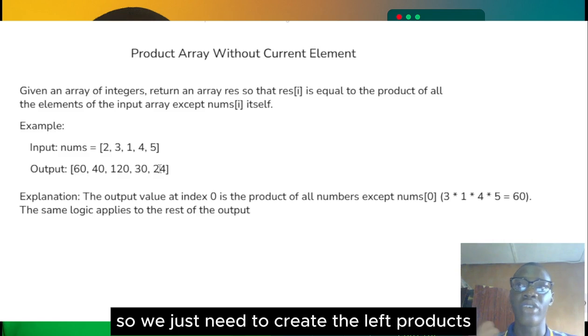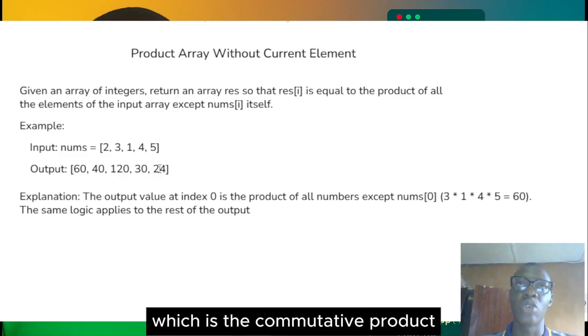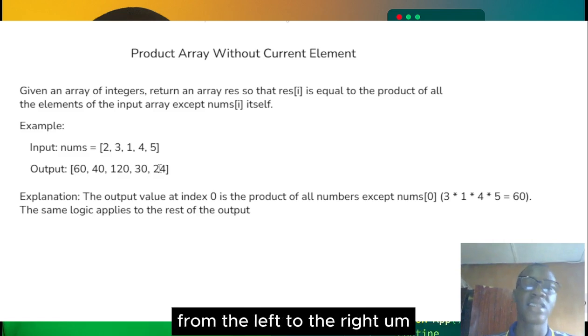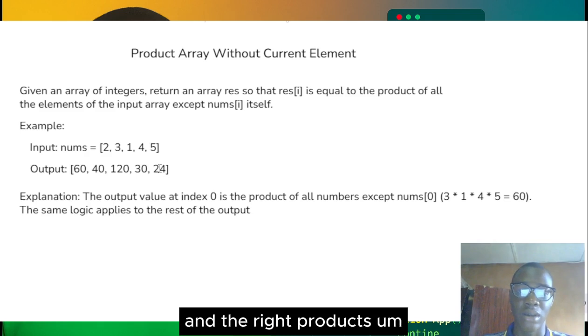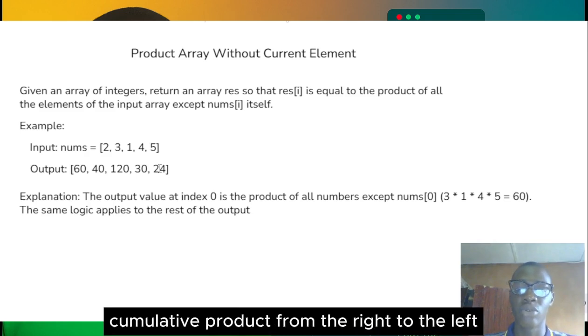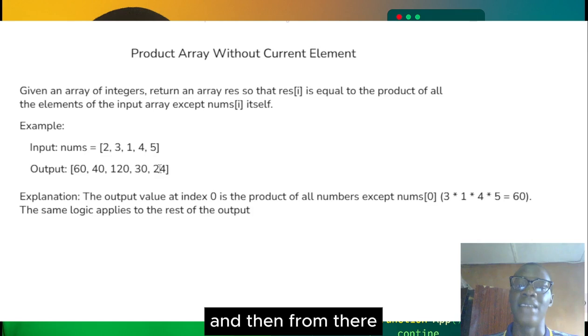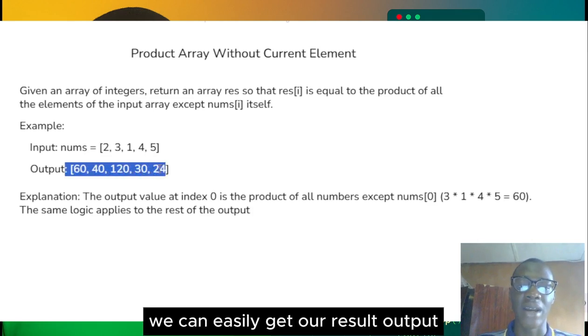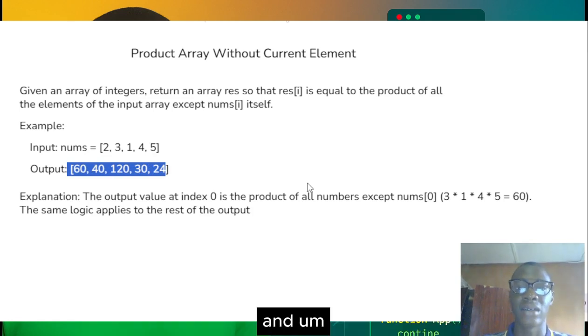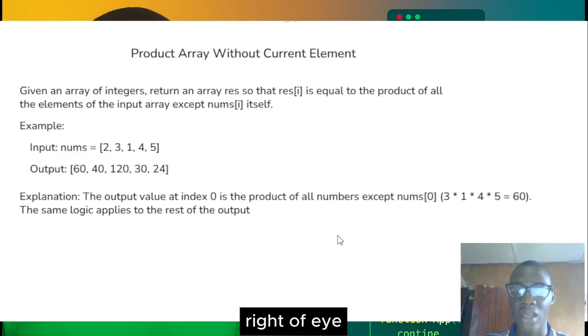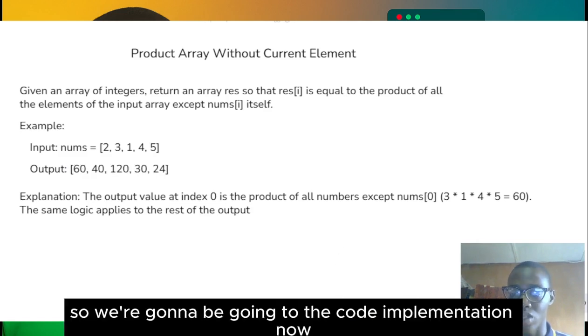So we just need to create the left product, which is the cumulative product from the left to the right, while the right product is the cumulative product from the right to the left. And then from there we can easily get our result array by multiplying left of i and right of i. So we are going to the code implementation now.